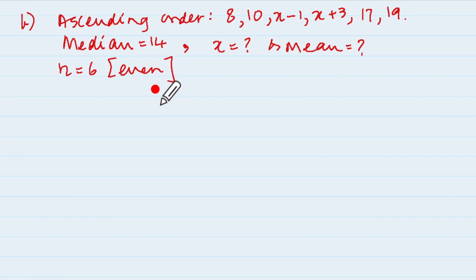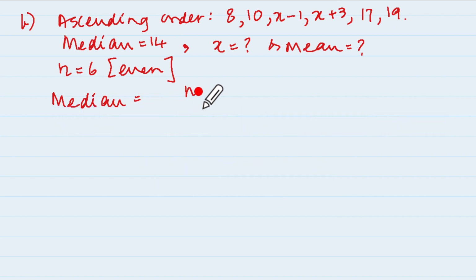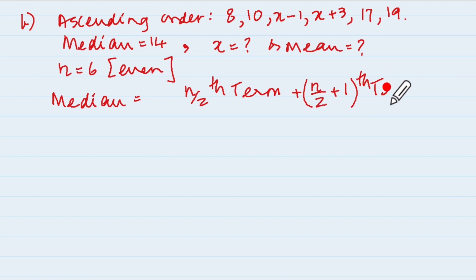So for the median, our median formula, you must know the formulas by heart. Okay, median formula is n upon 2th term for even terms plus n upon 2 plus 1th term, and this whole thing is upon 2. So I'll write it like this.